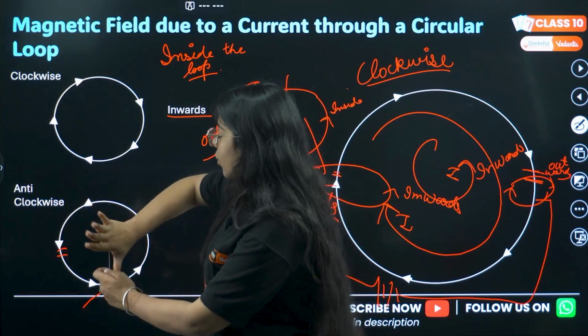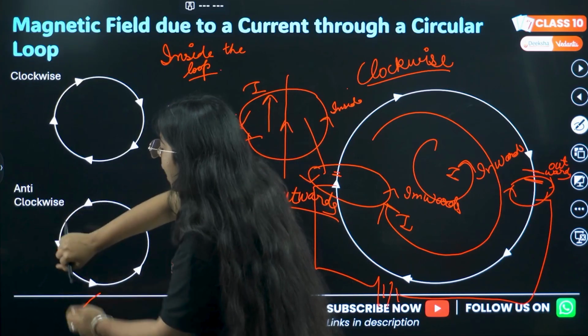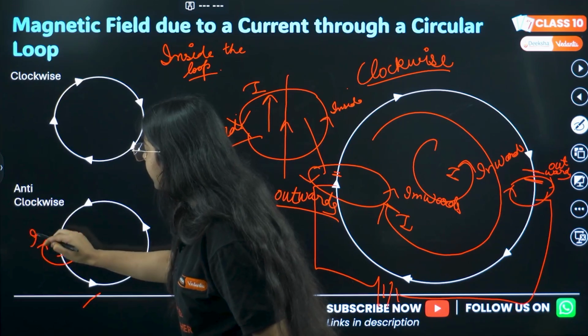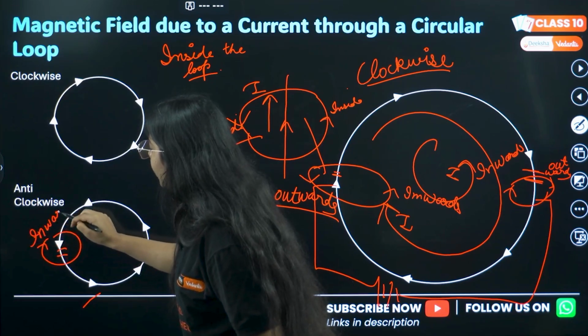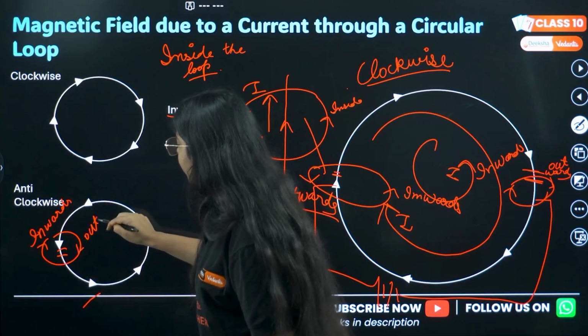The current is downwards, and it's going inwards from outside the loop. Outside the loop, the magnetic field lines are going inwards, and inside the loop, they are coming outwards. Very good.